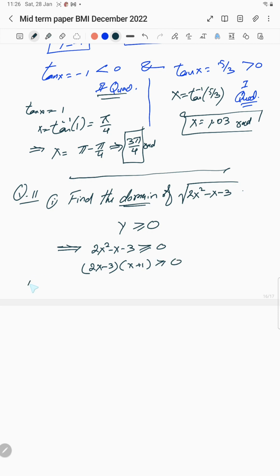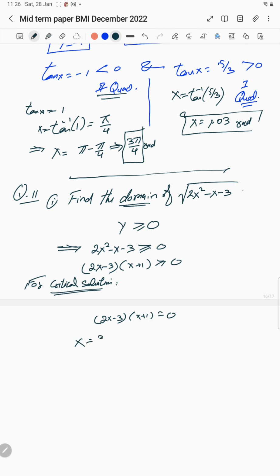So the critical solution, I will get (2x minus 3)(x plus 1) equal to 0.